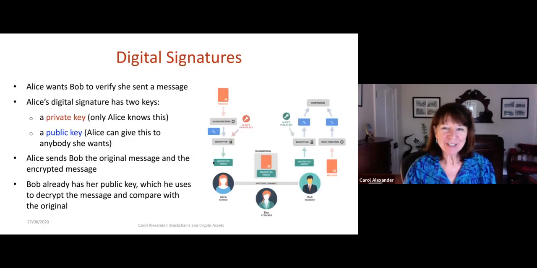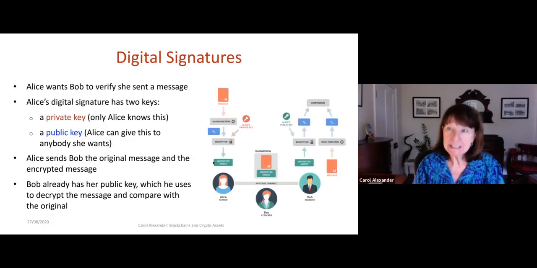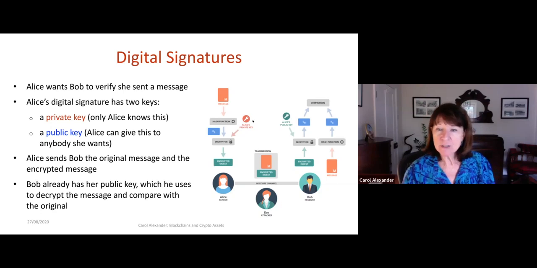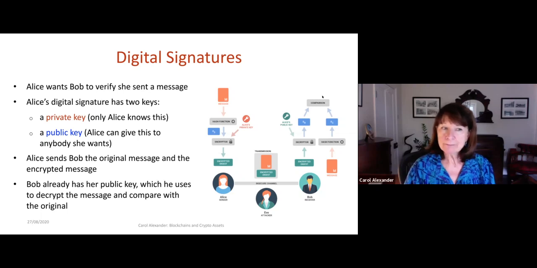All right. So the idea is about asymmetric key exchange with a private and a public key. And suppose Alice wants to send a message to Bob, and she wants to verify to Bob that she sent the message, not anybody else.